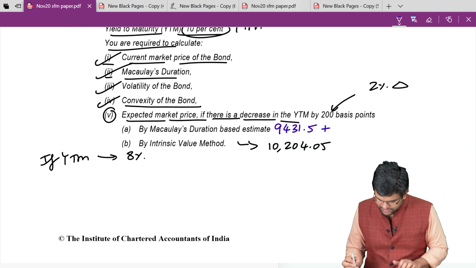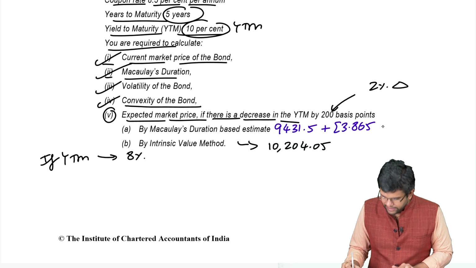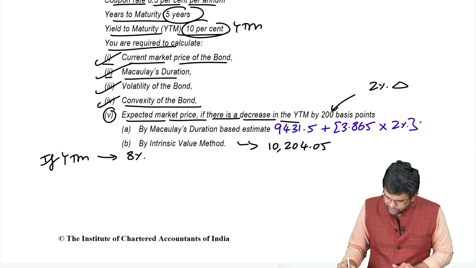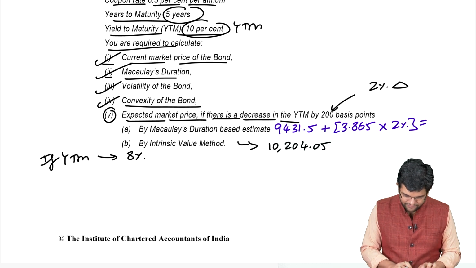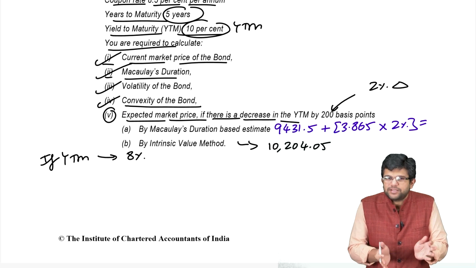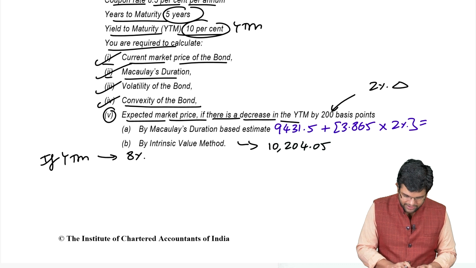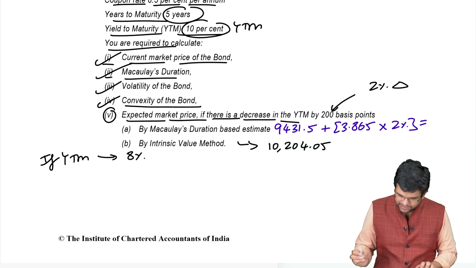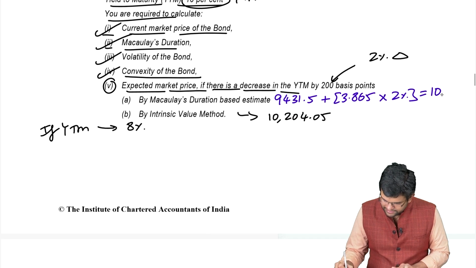So for 2% it will be 3.865 into 2%, which means there should be a 7.73% jump in the bond price.